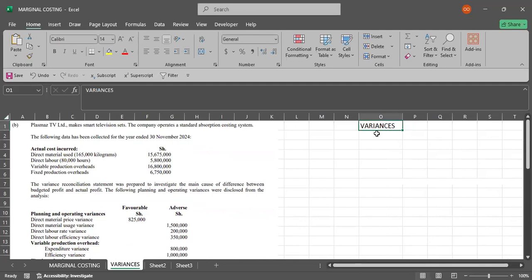Those who are doing advanced management accounting, this is covered under topic 7, which you call budgeting and variances. Those doing management accounting at intermediate level, this is covered under topic 10, which you call standard costing and variances. Whichever level you are in, you will be taught these variances.